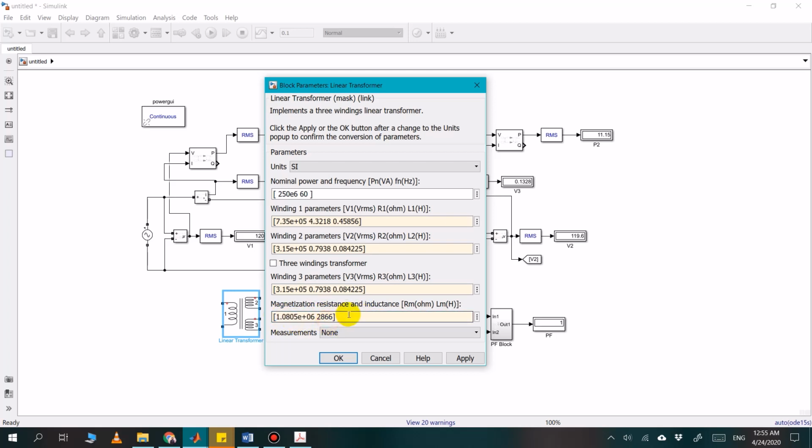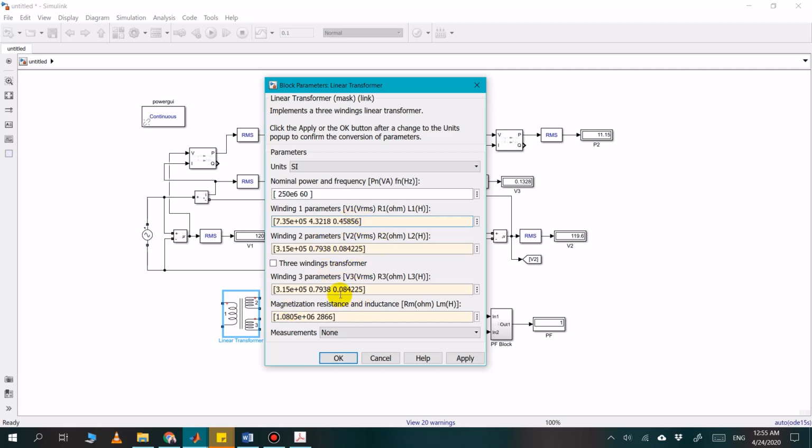Do compare these parameters with lab number 2 and lab number 3. Similarly, this is the R equivalent, 4.3 and 0.7. If you add them together, then it will be around 5, and this is the corresponding inductance value.